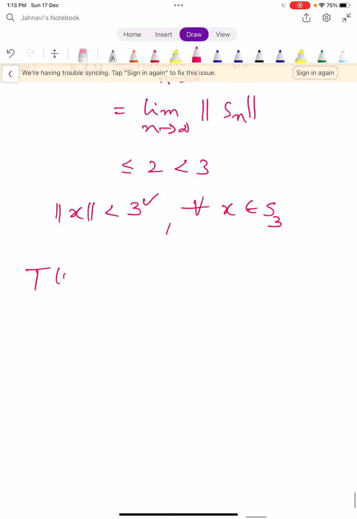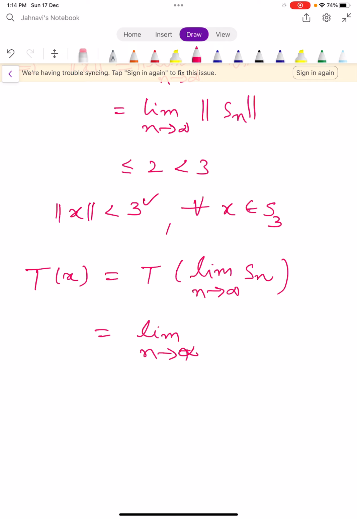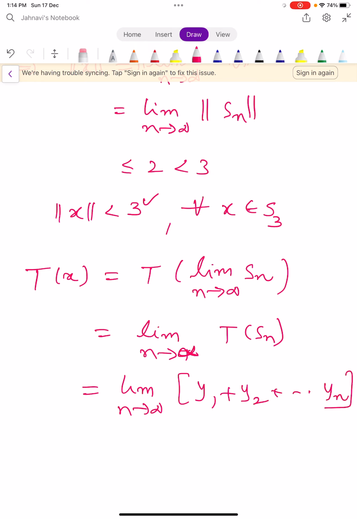Therefore, now calculate T of x. T of x is equal to T of limit n tends to infinity Sn, which is equal to limit n tends to infinity T of Sn, which means y1 plus y2 plus and so on plus yn, which is equal to y.